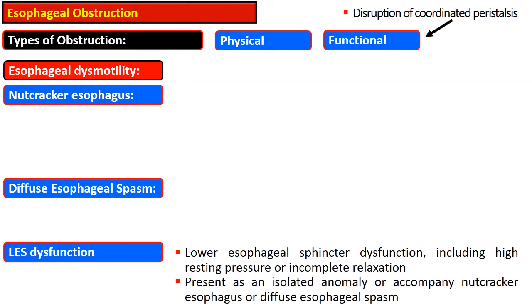The lower esophageal dysfunction is due to high resting pressure or incomplete relaxation, and it may present as an isolated anomaly or with a nutcracker esophagus or diffuse esophageal spasm.